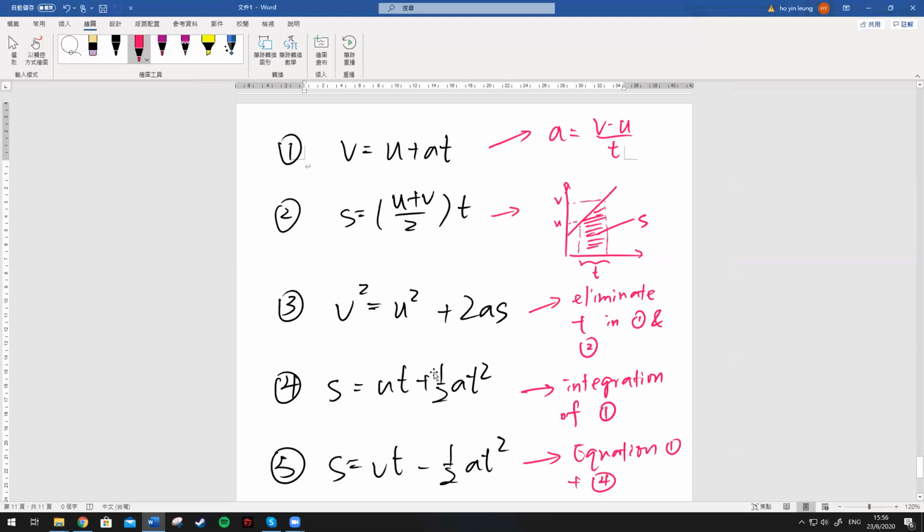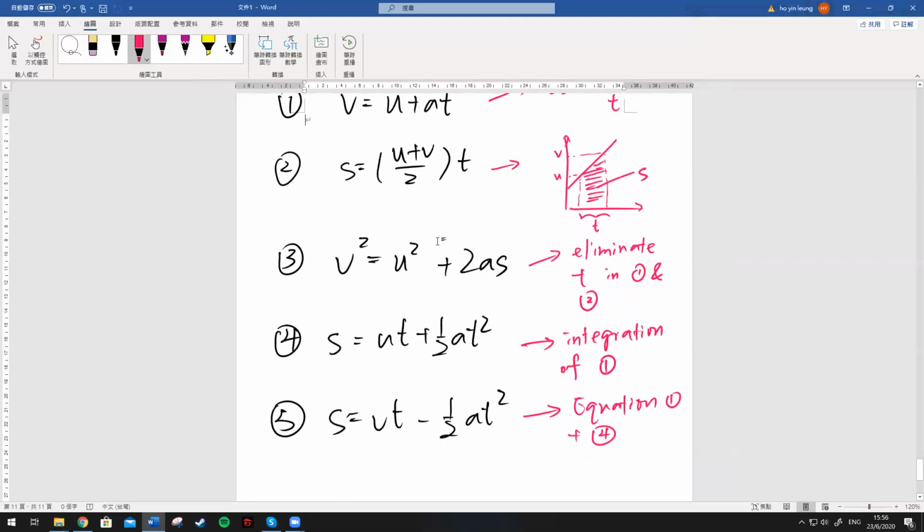Using all these, we can find the other parameters. For example, if I give you equation number 3 here, if I give you the initial velocity and the final velocity and the acceleration, you will be able to find the displacement.